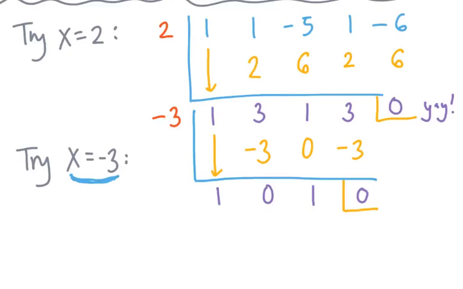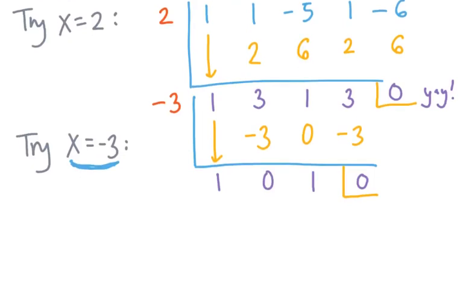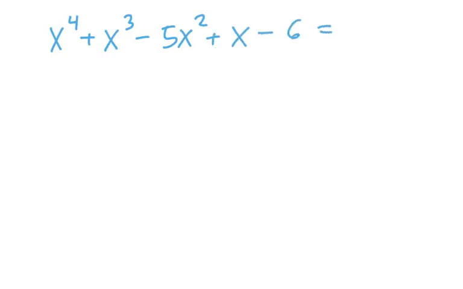So let's summarize where we are, because I know on my screen you can't see all that we've done. But what I'm going to do is on this next screen here, rewrite the original problem. A lot of times it helps to just reframe where we are. So the original was x to the 4th plus x to the 3rd, minus 5x squared plus x minus 6 equals 0. When we divided by 2, right, the corresponding factor would be x minus 2.